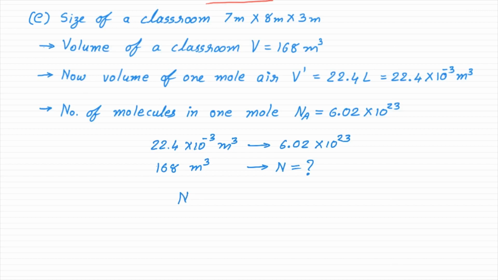Then n will be 168 into 6.02 into 10 raised to 23, divided by 22.4 into 10 raised to minus 3.